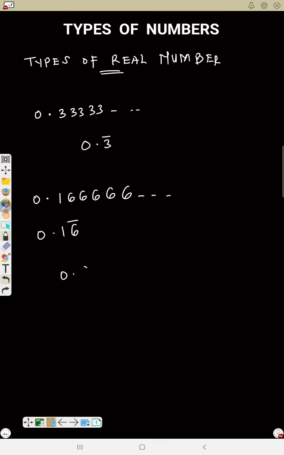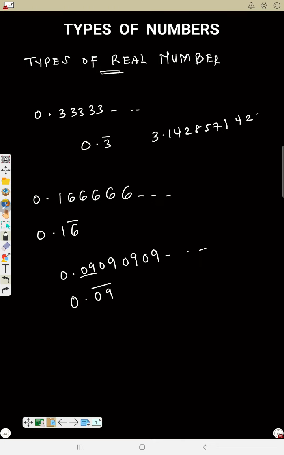Now look at this: 0.09090909, and it continues. To represent this in decimal notation, you will say this is 09, with a bar on it to show that 090909 repeats. So 09 is repeating like that. Look at this: 3.1428571, 428571, continuing like that.